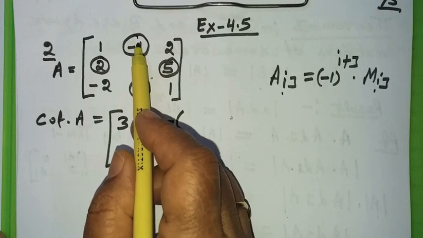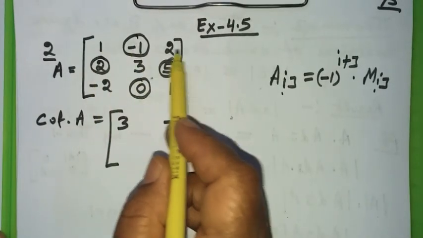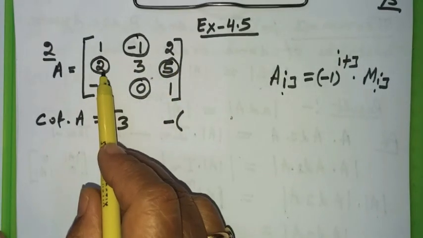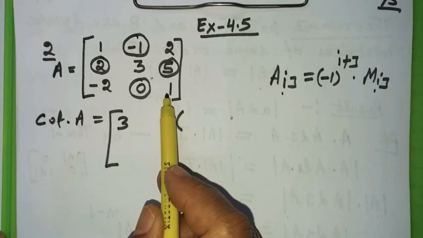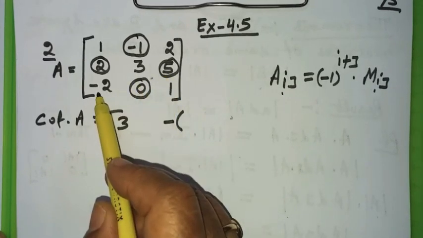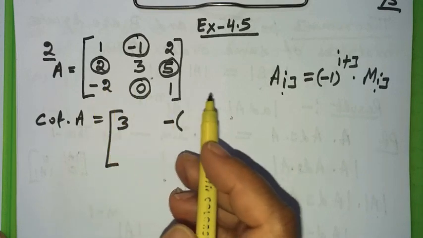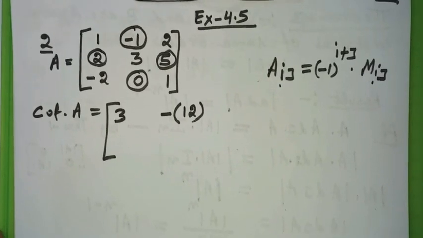To find its minor, I neglect the column and the row in which minus 1 lies. So I am left with 2 5, minus 2 1. So 2 into 1 is 2, minus 5 into minus 2 is minus 10, so 2 minus 10 means 2 plus 10 comes out to be 12.